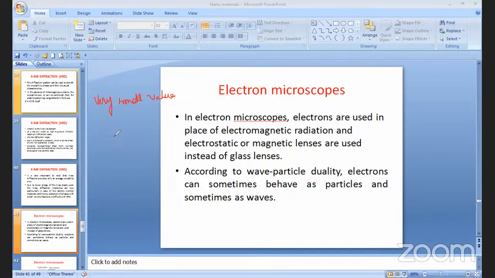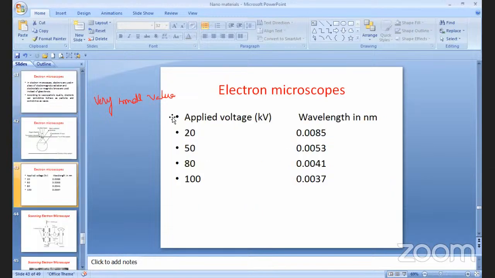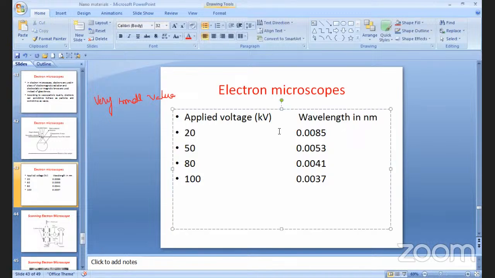Okay. So if you see the wavelength of electrons, this is the wavelengths which we have. By applying different energies, we can get different wavelengths here.